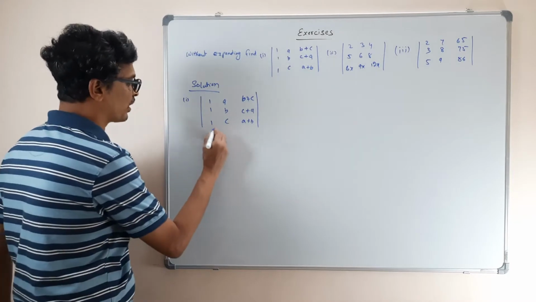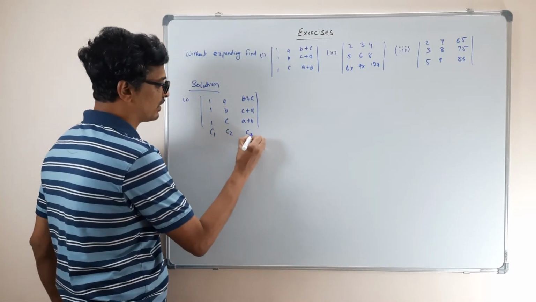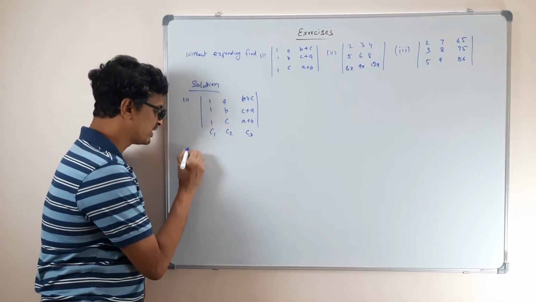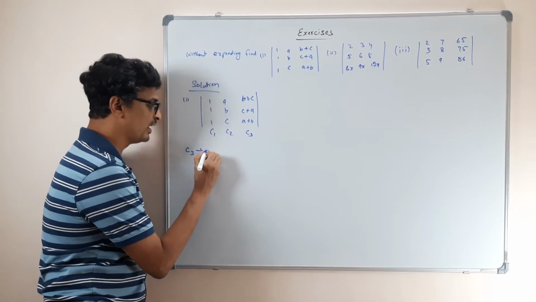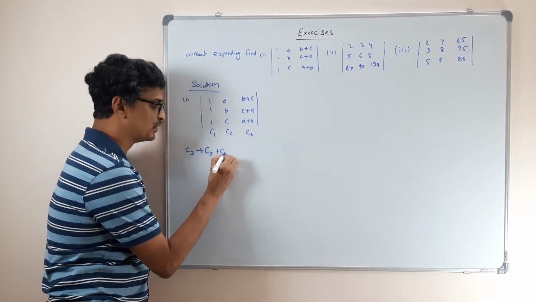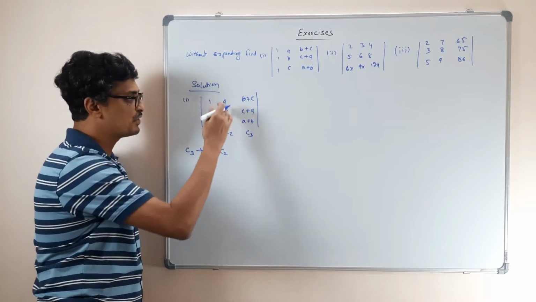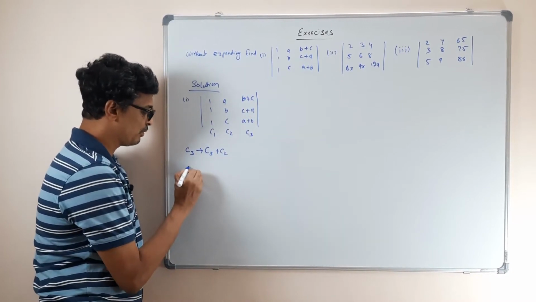So that's what we are going to do. We will write C1, C2, C3. We are going to replace C3 with C3 plus C2. Correct? So now it becomes A, B, C. So then what will be your determinant?